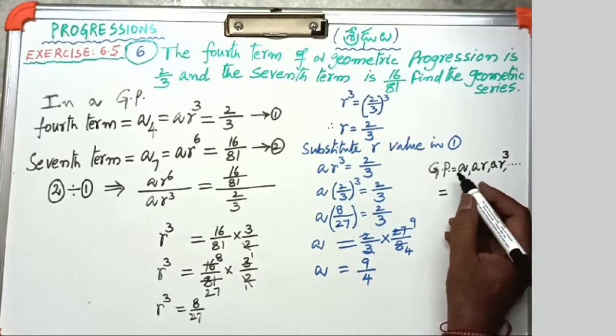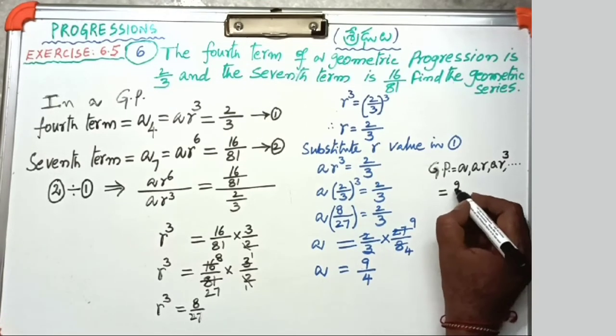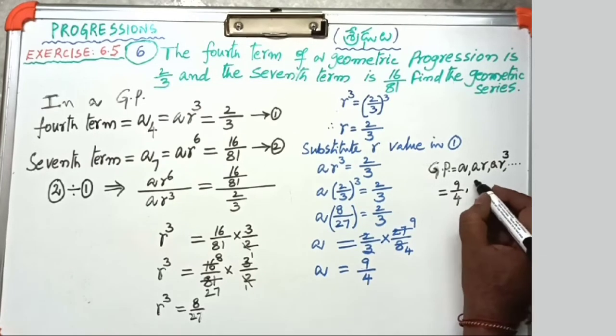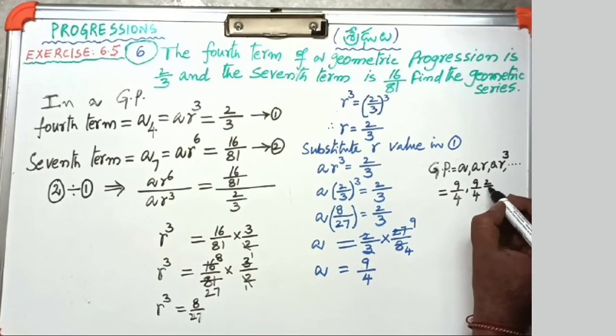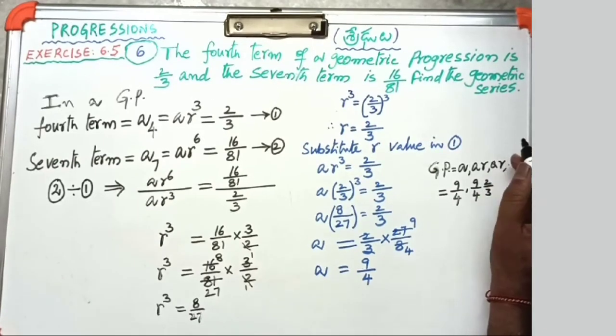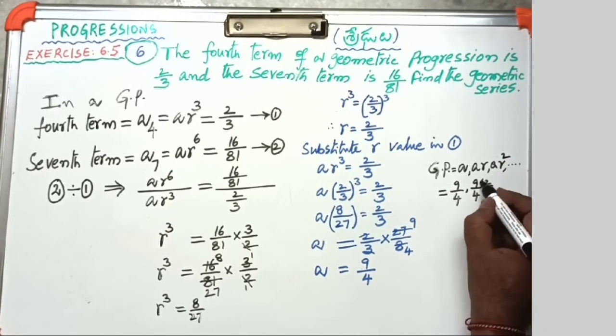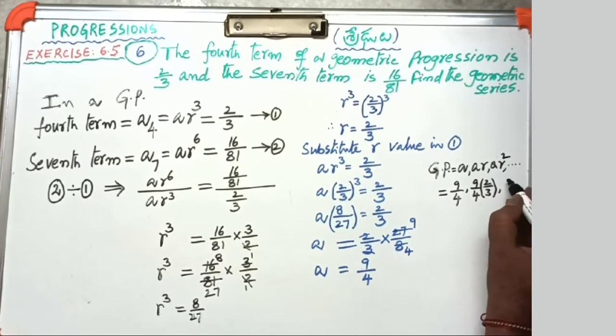What is the A value? 9 by 4, comma, 9 by 4 into the R value 2 by 3, comma, again the A value is 9 by 4 and the R value is 2 by 3 whole square.